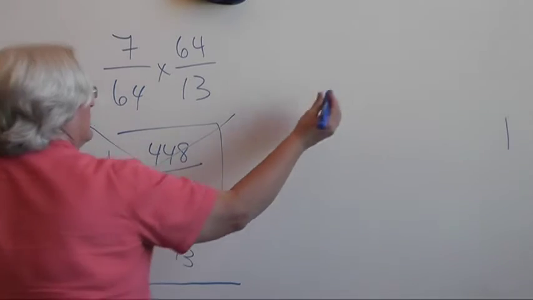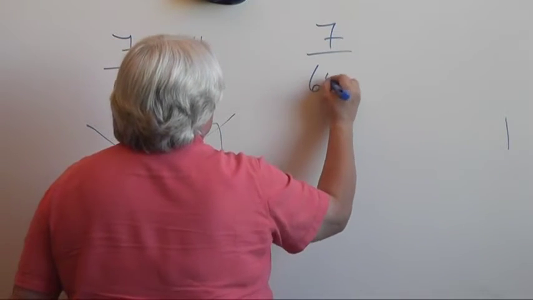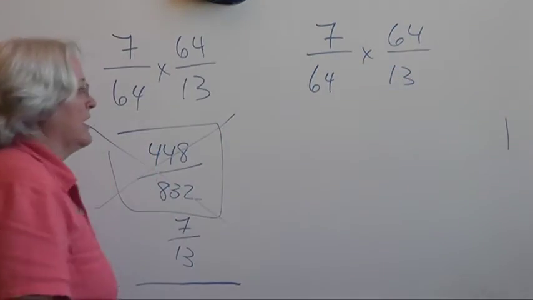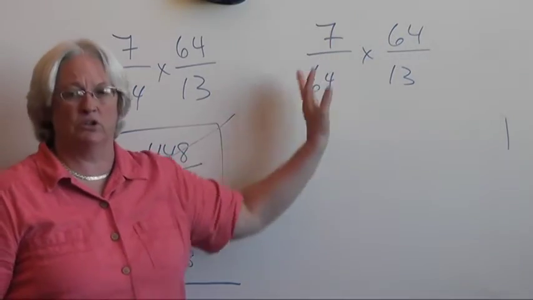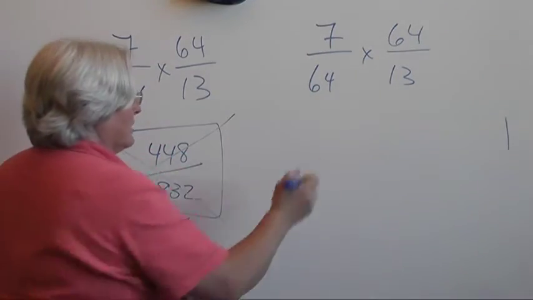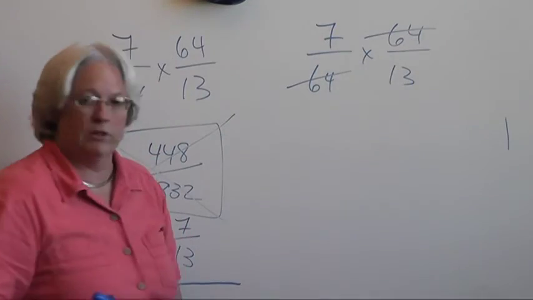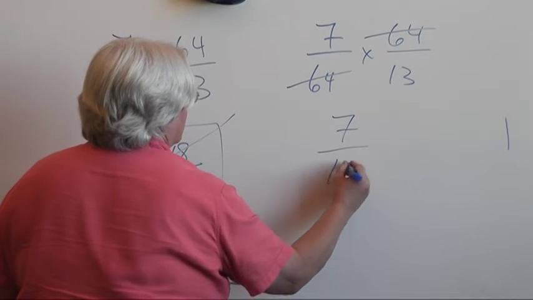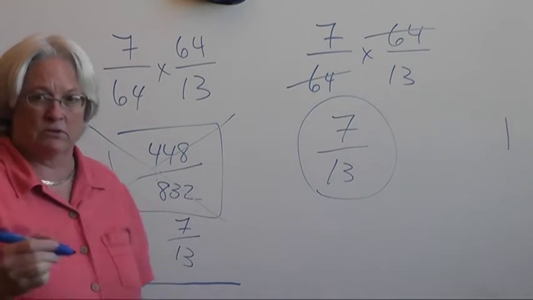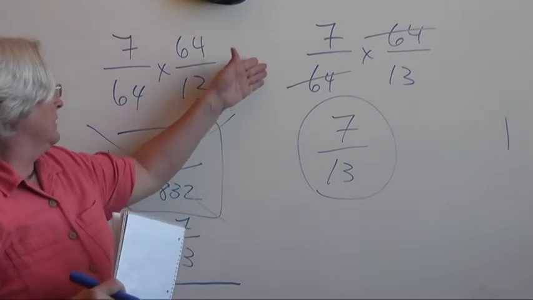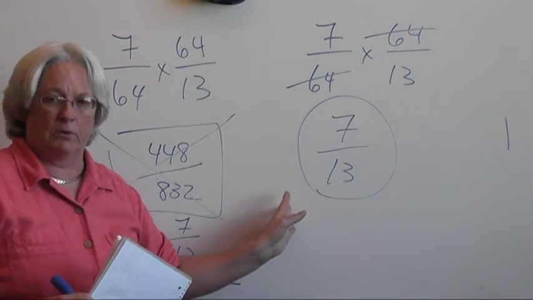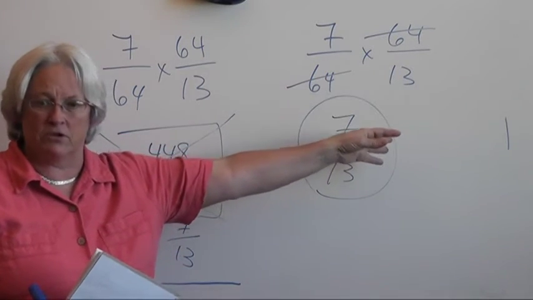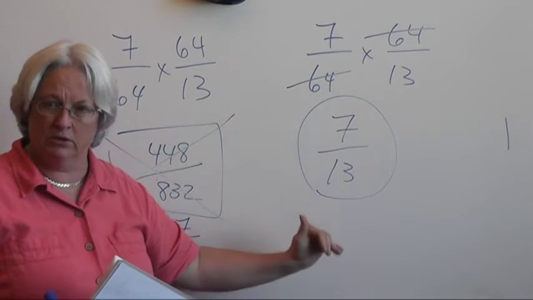Something that you learned in algebra that is extremely valuable when working with unit conversions is that if you have the same factor in the numerator as in the denominator, you can cancel those out. We have a factor of 64 in the numerator and a factor of 64 in the denominator, and we immediately and easily arrive at the answer of 7/13. That same idea is what we're going to use with unit conversions, because just like you can cancel common numerical factors, you can cancel units.